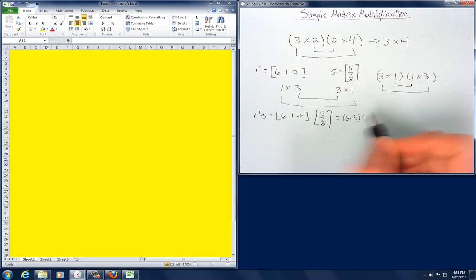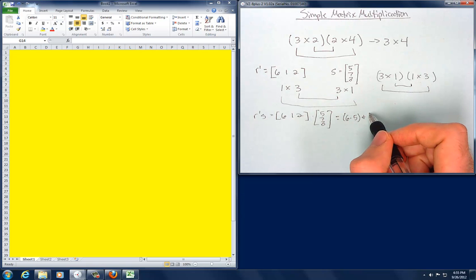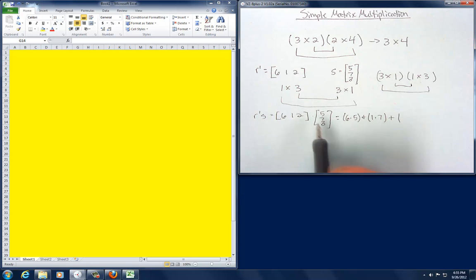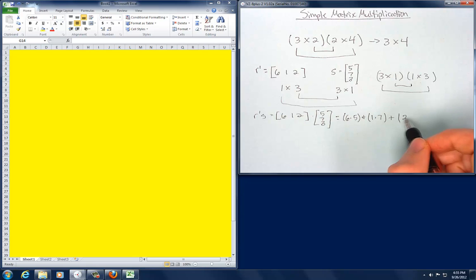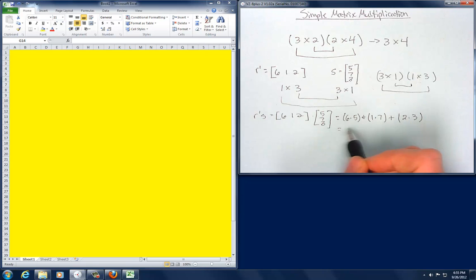Then you take the second value and multiply it by the second value there, and you're adding all of these. So 1 times 7, and the last one is 2 times 3. Once again, you multiply them and you add each one. So that gives you 30 plus 7 plus 6, which gives you a scalar of 43.